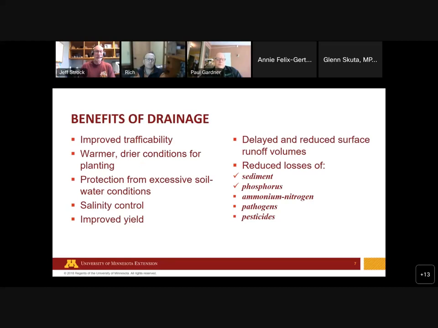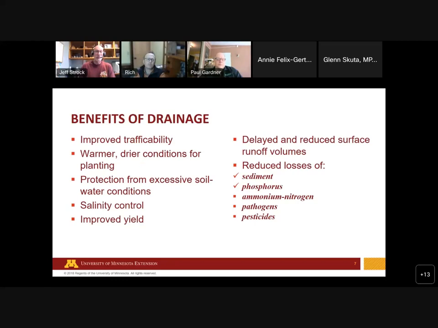Based on some of the data that we've seen, we've made some progress in some reductions, but not nearly enough. Especially when we look at nitrogen, we're trying to achieve around a 20% reduction, and we've only moved by just under a couple of percent. So we've got a lot of work to do in nitrogen.